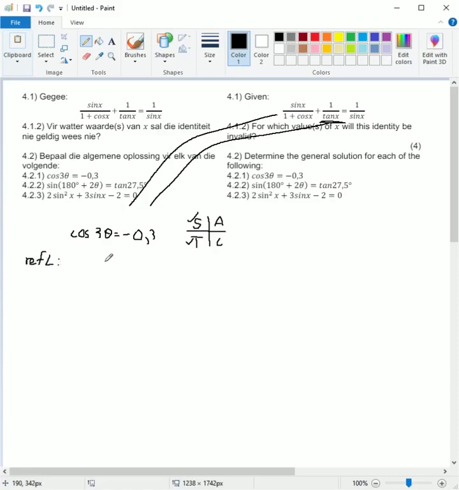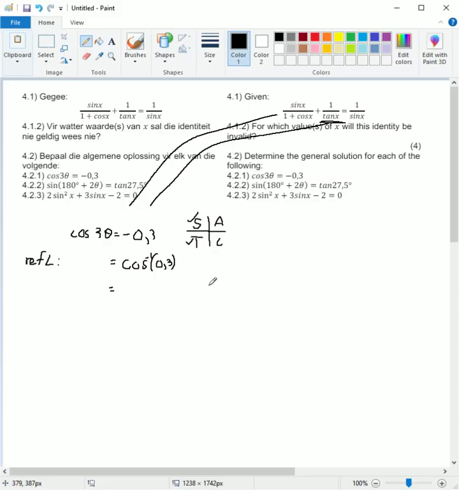To find our reference angle, we are going to use the second function cos, or arc cos, of the 0,3. So there we've ignored our sign. We're not going to take the sign into consideration when we are finding our reference angle. So shift cos and 0,3, depending on what calculator you have.